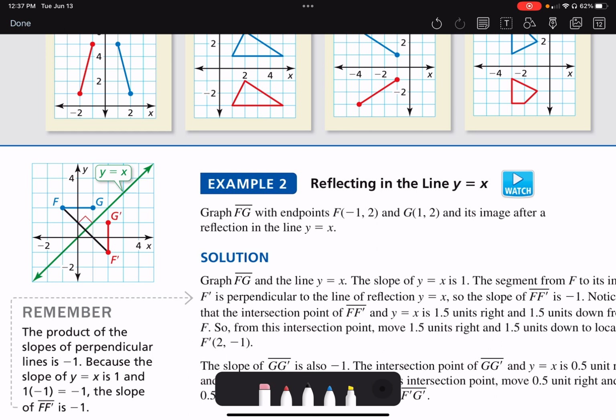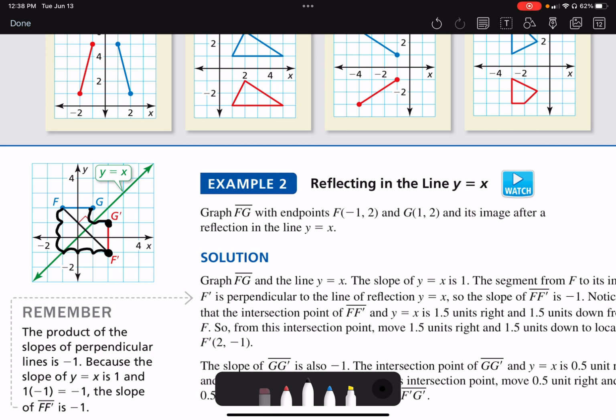But the way I would do this is for point G, I'm going to go down 1 and over 1, right? And then for F, let me give you my G prime. Looks like I'm going to go down 1, 2, 3, and then over 1, 2, 3. It's almost like the perpendicular slope to this line.